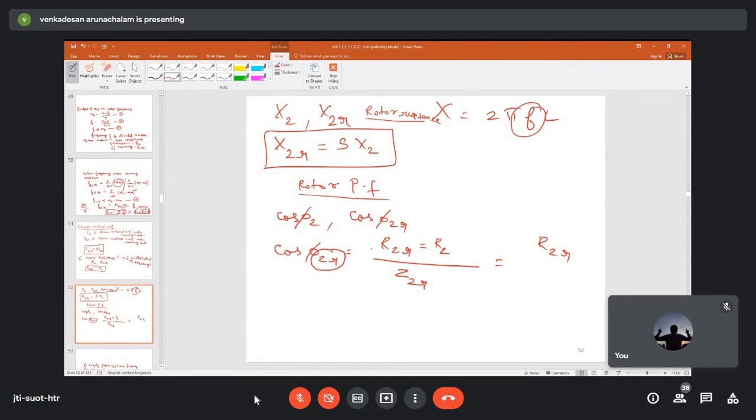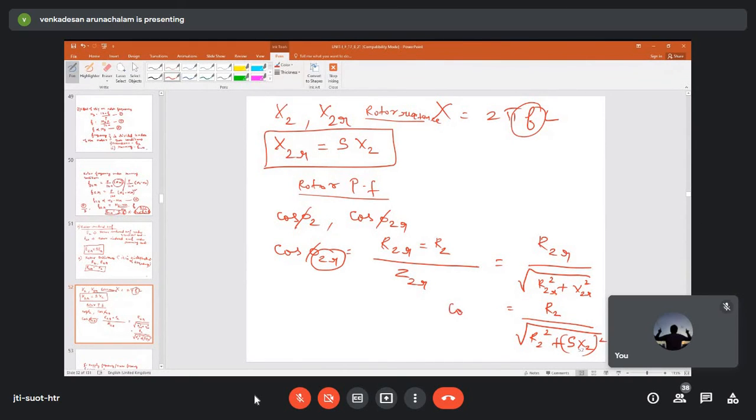What is your Z2R? So I will maintain the same notation here also, right? So Z2R is equal to root of R2R the whole square plus X2R the whole square. So this one I can write now. cos phi 2R is nothing but simply R2 divided by root of R2 square plus, this X2R I can write, S times X2 the whole square.